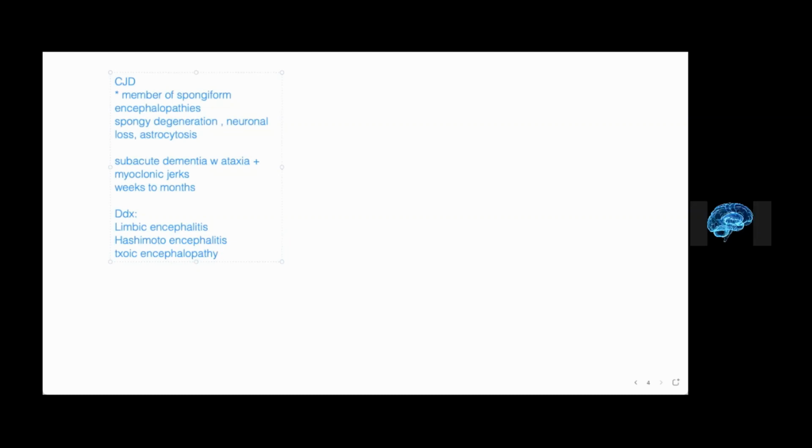CJD specific. Is it the LP with 14-3-3 proteins or something? Yeah, so CSF 14-3-3 is a marker that you look for.